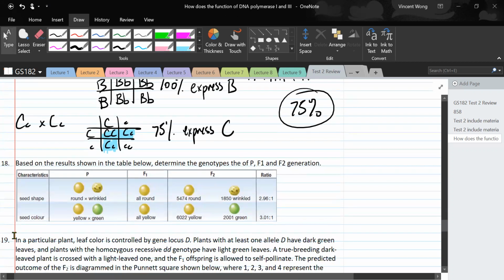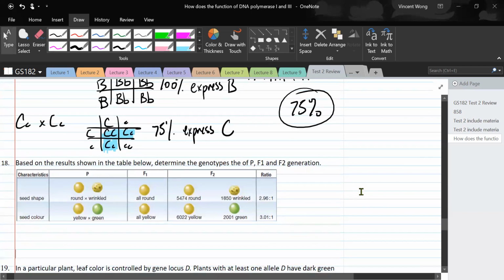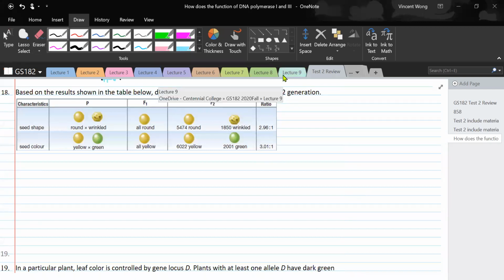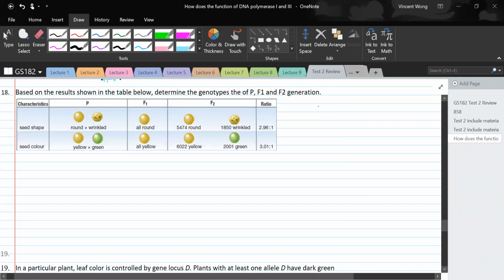All right, let's take a look at the next one here. Based on the results shown in the table below, determine the genotypes of parent, F1 and F2 generation. Okay. So the parent is round cross wrinkle.